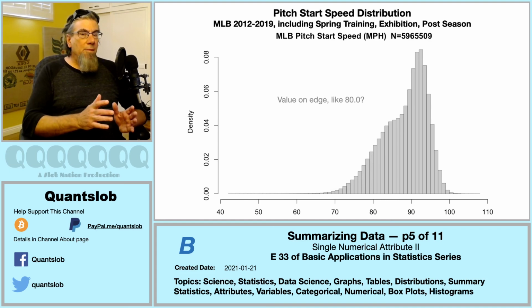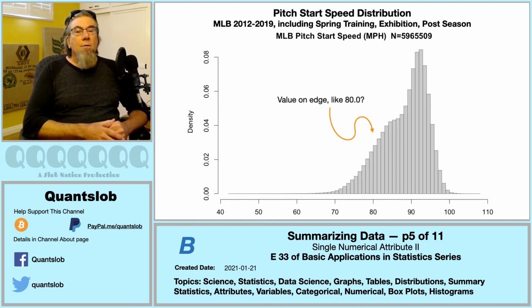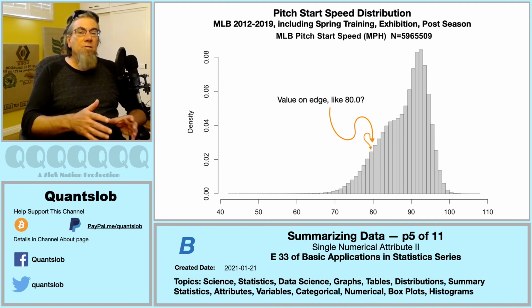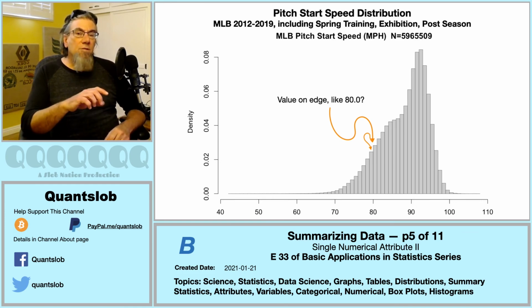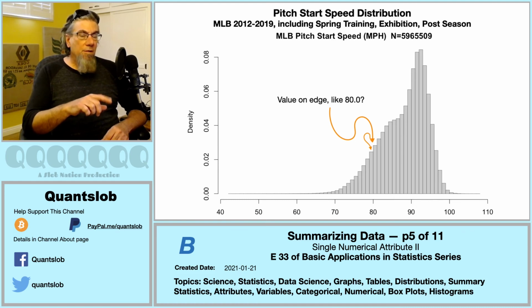Just keep the bins of equal width. So what happens if a value lands directly on top of the edge between two bins? Well, the software will impose some sort of rule, like they call it place left or fall left, in which case the observation will be placed in the bin to the left, or analogously fall to the right into the right bin.